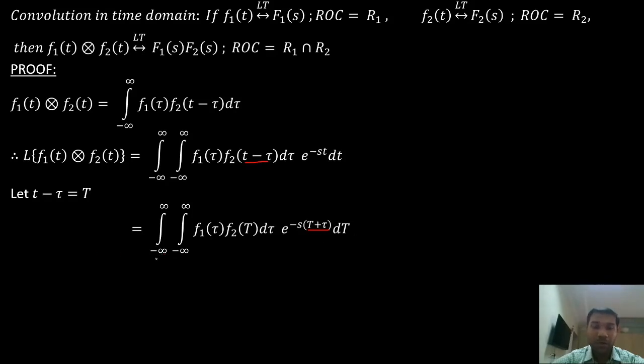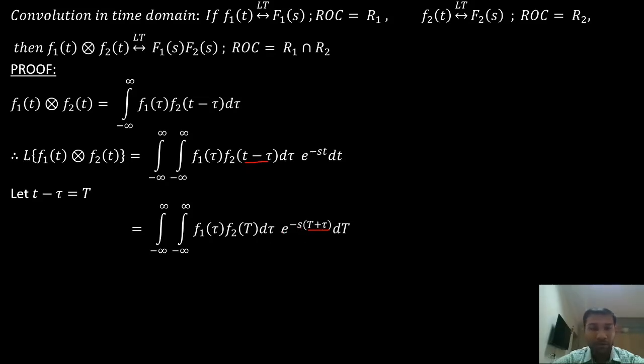Now I'm going to separate the integrals, tau terms separately and T terms separately. The first integral is f1 of tau e power minus s tau d tau.